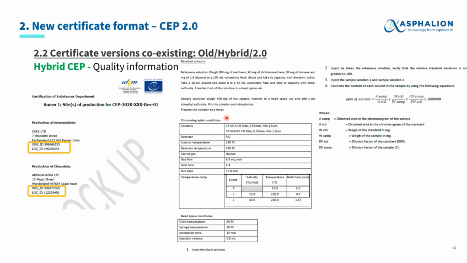And then the annexes are going to be the same as the old format of the CEP. The manufacturers remain, and only the analytical methods annexed for the in-house analytical methods additional to the ones included in the Ph. Eur. monograph of the drug substance.